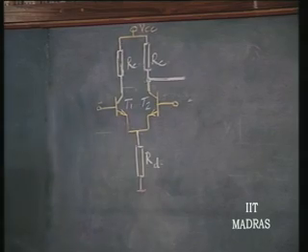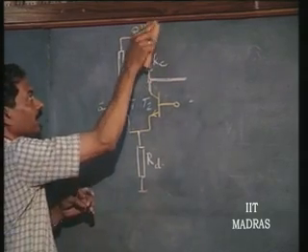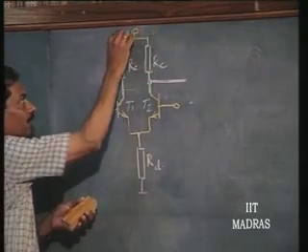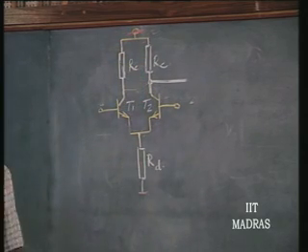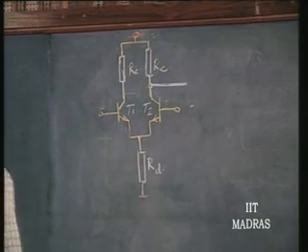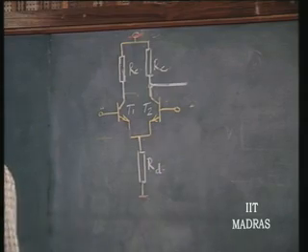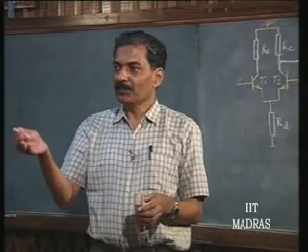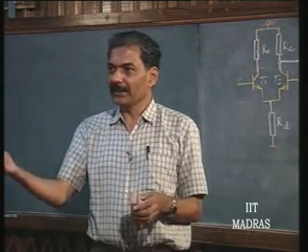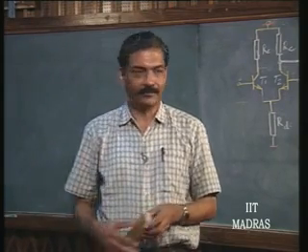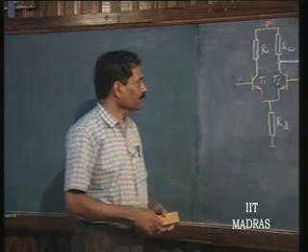So, the AC picture of this stage will look like this. This is grounded. This RC may be the actual resistance, or it could be the output impedance of the current mirror as well as the input impedance of the next stage taken together. So, this is the AC picture.